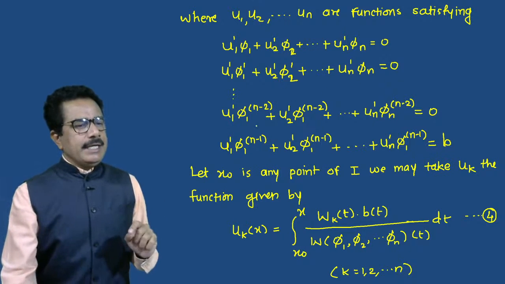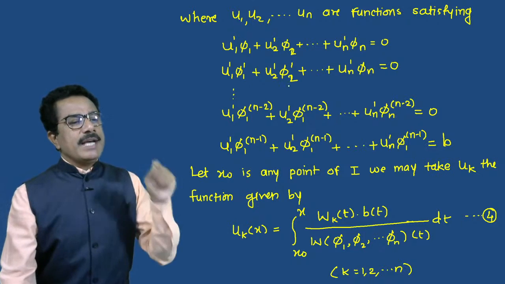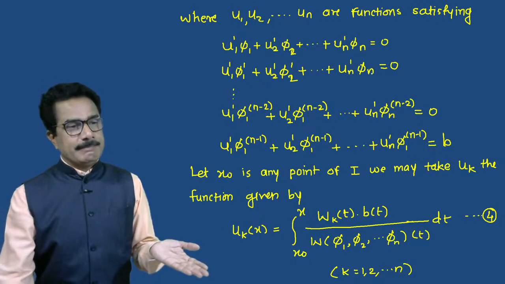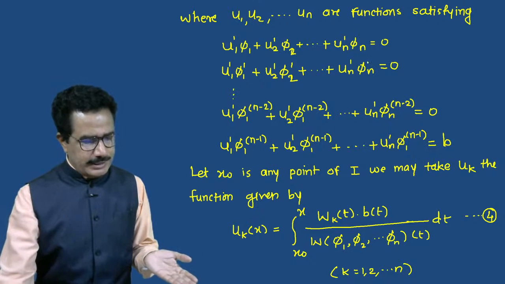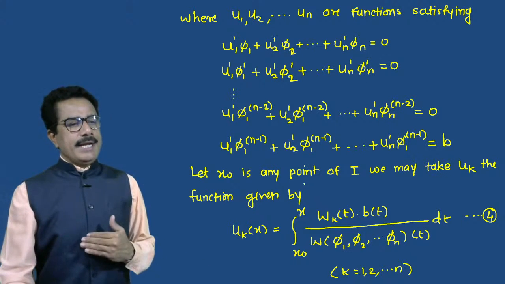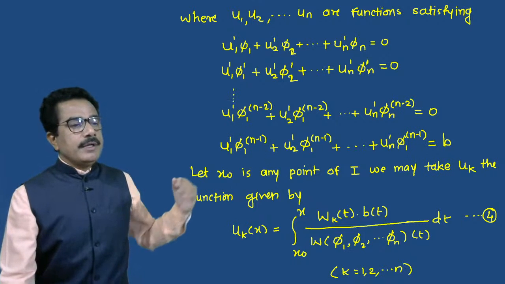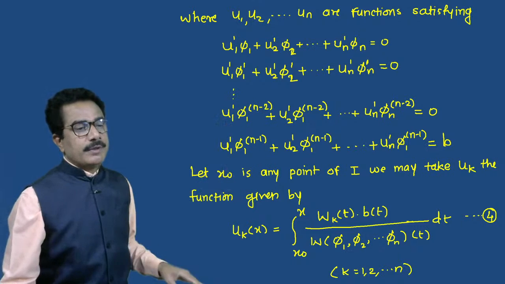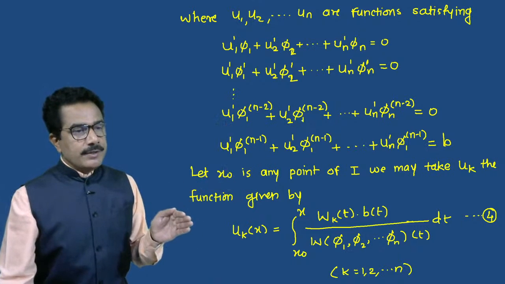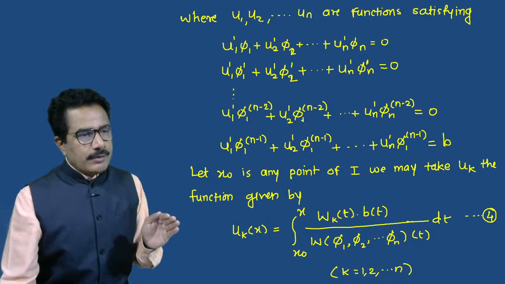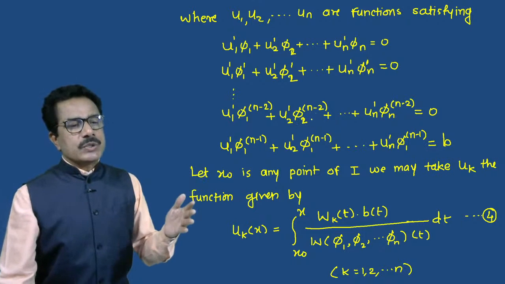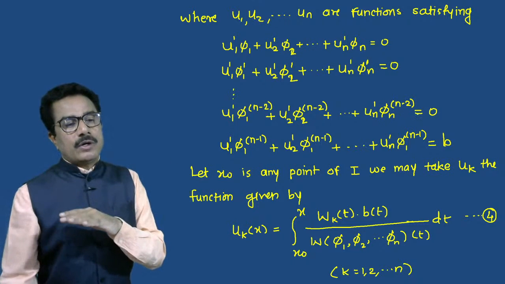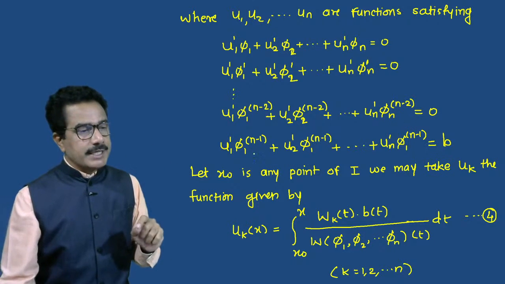Okay. Secondly, u1' phi 1' plus u2' phi 2' plus ... plus un' phi n'. Similarly, u1' phi 1 to the (n minus 2) plus u2' phi 2 to the (n minus 2) plus ... plus un' phi n to the (n minus 2), means these functions satisfy the condition.